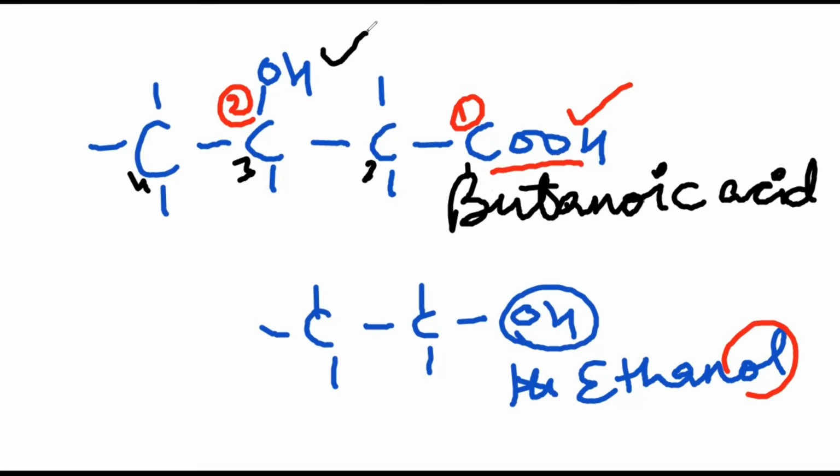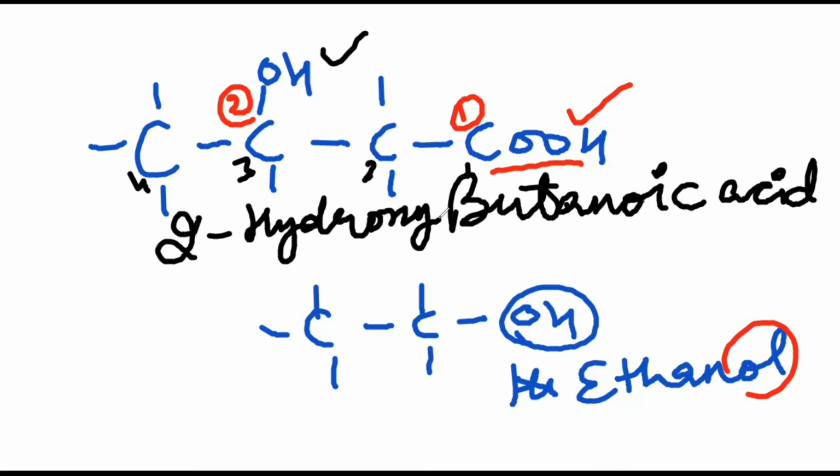So where will I tell this OH, where this alcohol will go? So now this will be termed as hydroxy. And I am supposed to tell that 2-hydroxybutanoic acid. It means OH group is present at the second position.